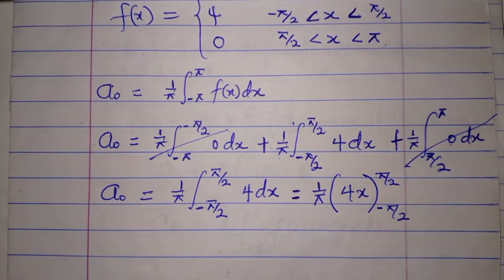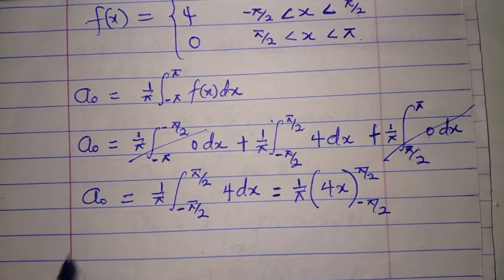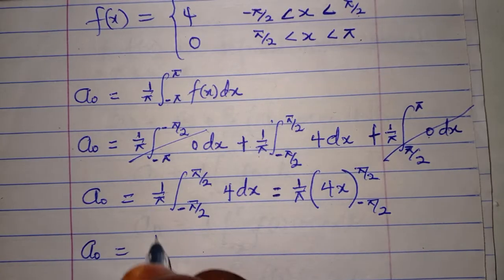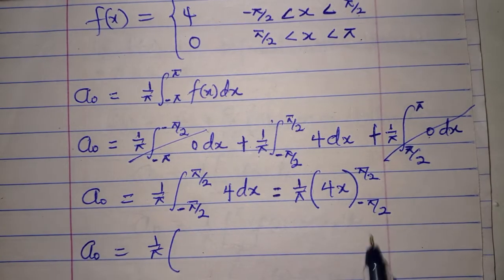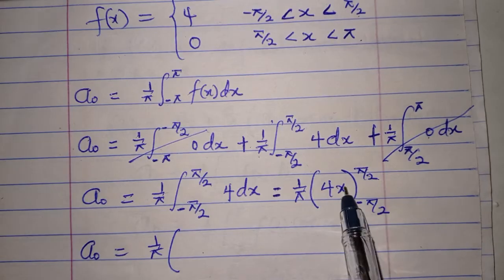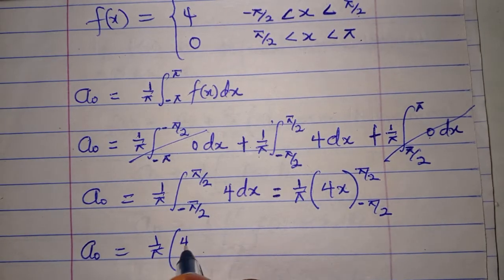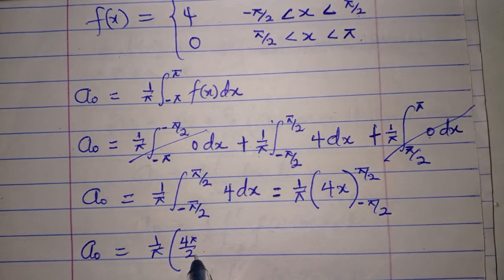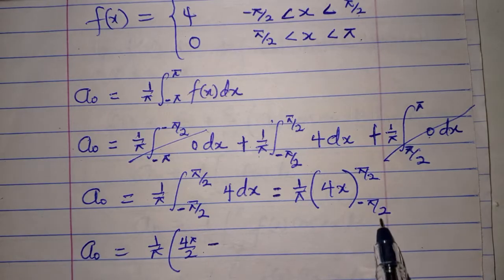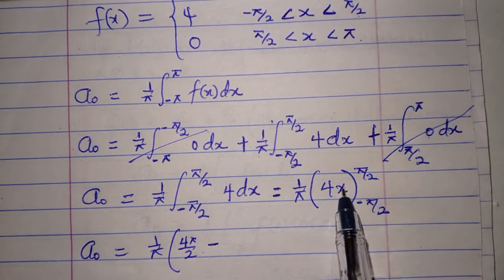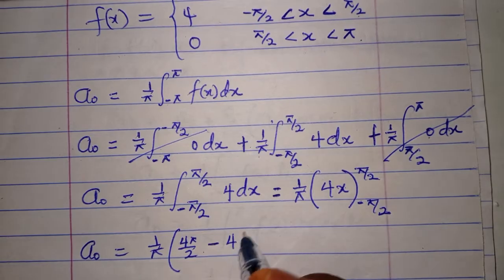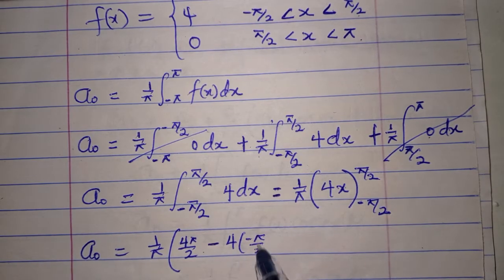Okay, so let's substitute the upper and the lower limit. A naught is 1 over pi. In place of x, we'll put pi over 2 first. So we'll have 4 pi over 2. Then minus, we'll now put minus pi over 2 for x. That will be 4 times minus pi over 2.